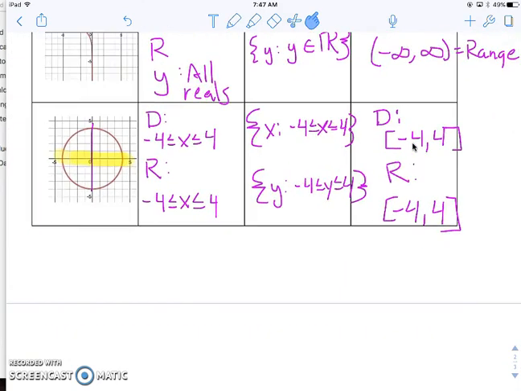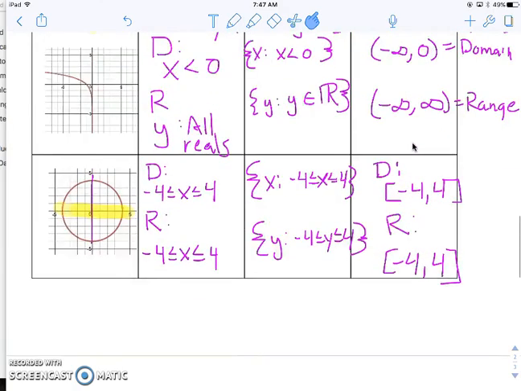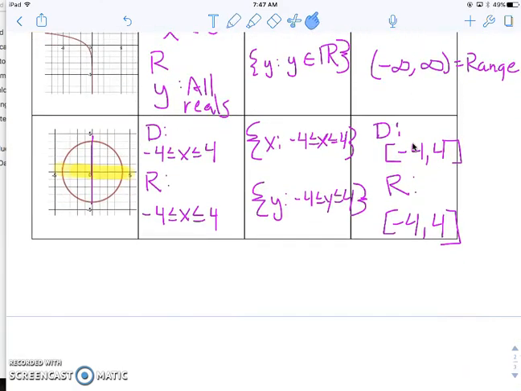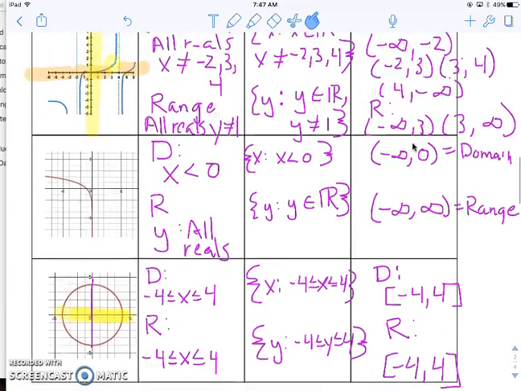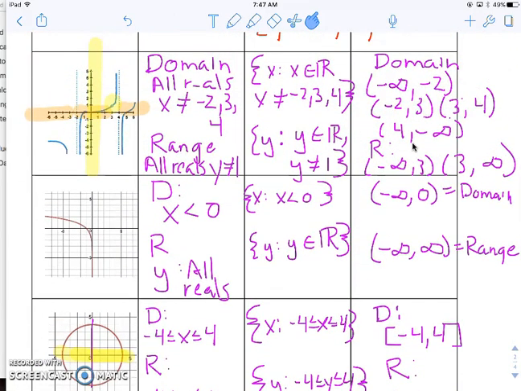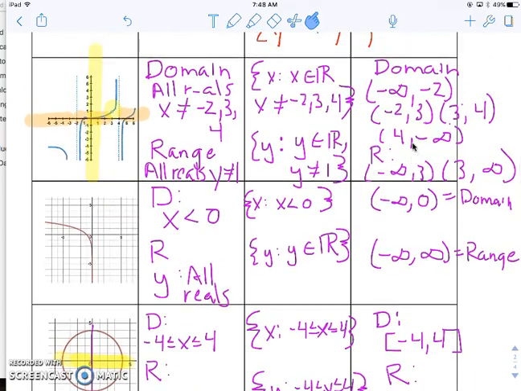So really quickly, the last thing we're going to talk about is these asymptotes. You'll notice that graph 2 had asymptotes. And if we go back up to our graph 2, those dashed lines that it never meets, those were at the equations x equals negative 2 and x equals 4.